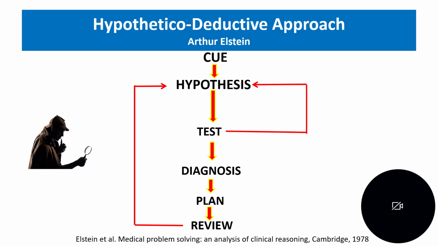So in this approach, my cue was pain and tingling in the thumb and index finger in the left hand. My hypothesis was or is carpal tunnel syndrome. What test would I perform? I have 4 possible tests. I can do Tinel, tap the wrist.